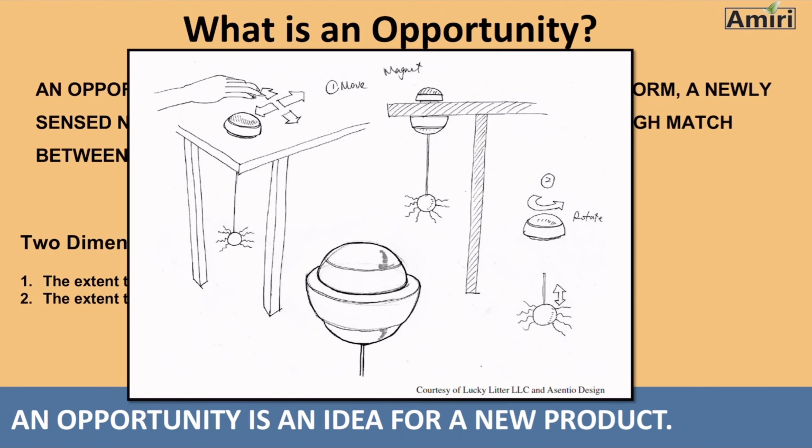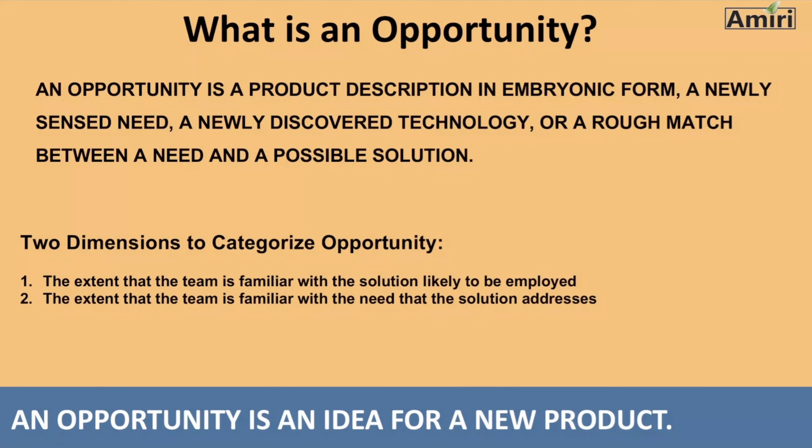When we talk about types of opportunities, there are two dimensions that we can look at to figure out what kind of opportunity we're dealing with. One is the extent to which the team is familiar with the solution. The second is the extent to which the team is familiar with the need that the solution addresses.